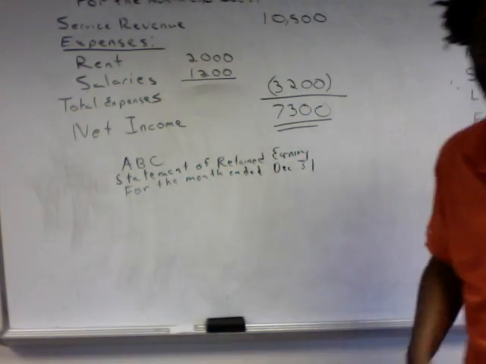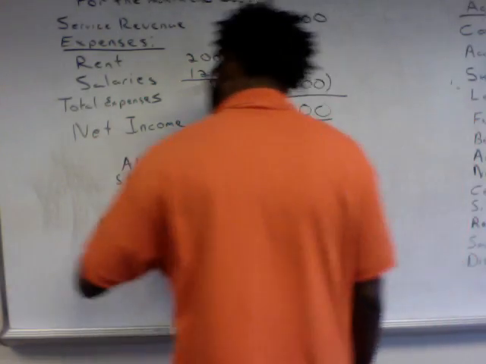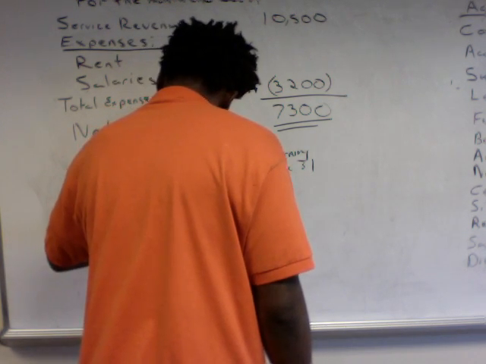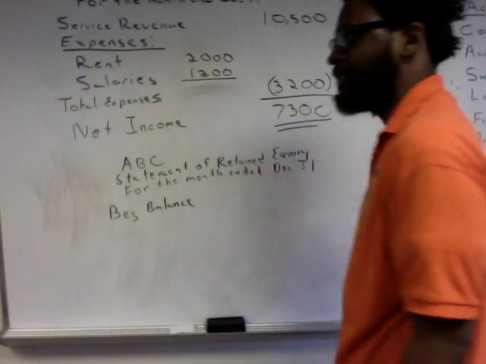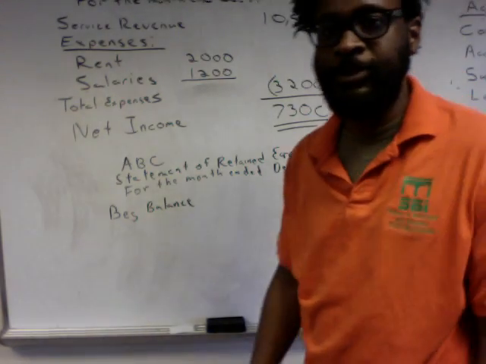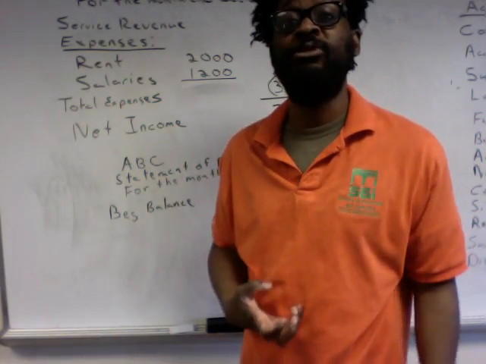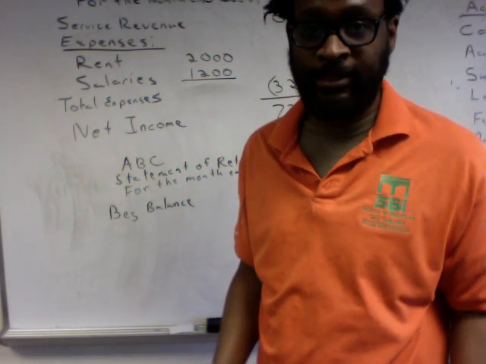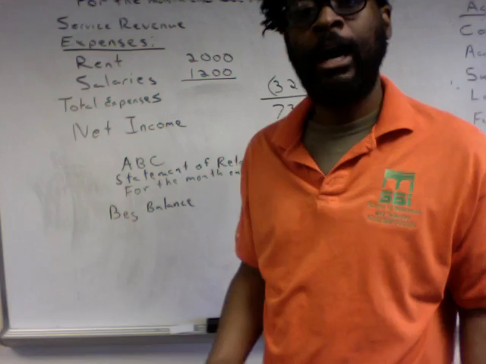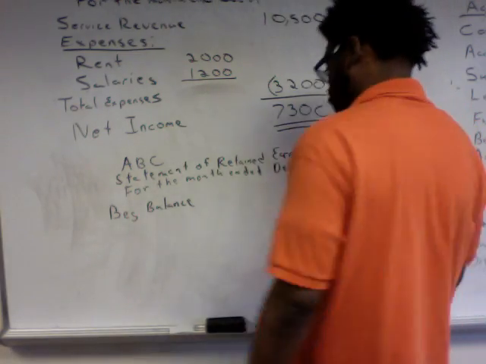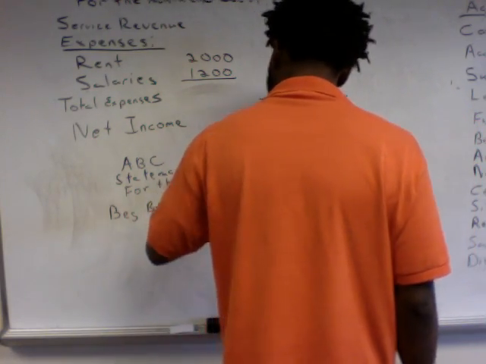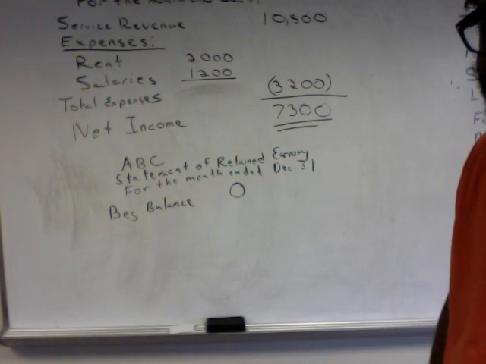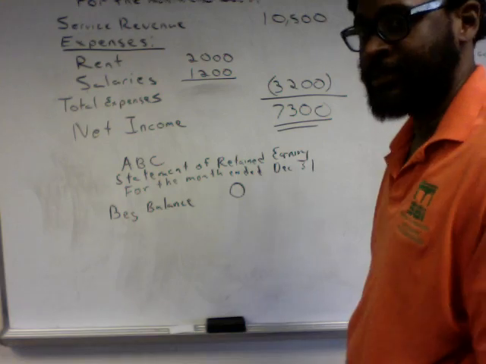And what we're going to do is you always list your beginning balance retained earnings. Beginning balance retained earnings is simply what you started with this period. So at the beginning of the month, what did we start with? This company actually was started in December. So this company did not exist before December. And so because of that, our beginning balance retained earnings should be what? 0. So we start off with a 0 balance of retained earnings, and then we just add the things that affect it.